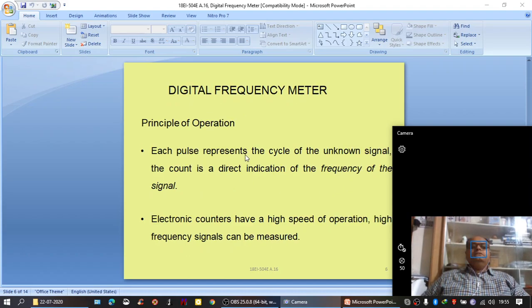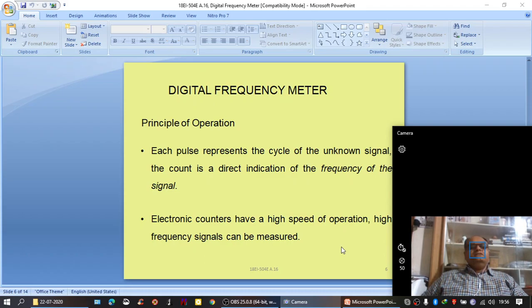Each pulse represents the cycle of the unknown signal, and the count is a direct indication of the frequency of the signal. Electronic counters have a high speed of operation, and high frequency signals can be measured.